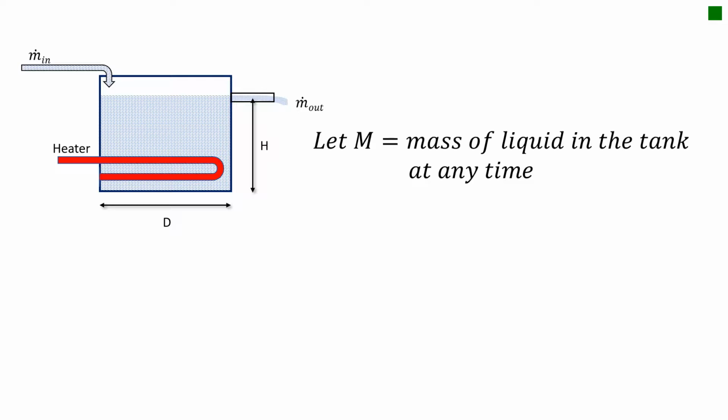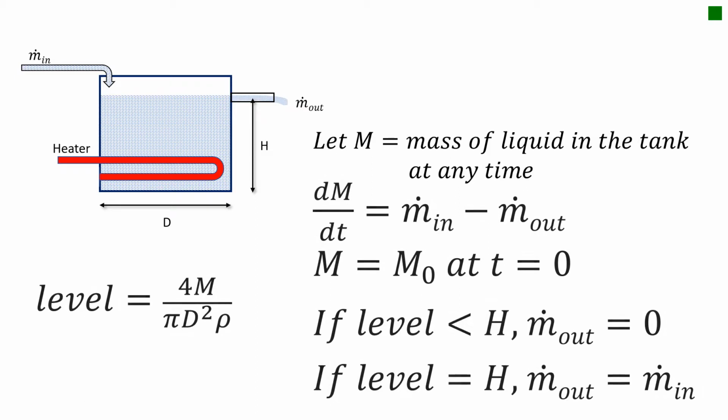Let's write a differential mass balance. The differential mass balance is the change in mass with respect to time of the liquid inside my tank, and that will equal the mass flow rate in minus the mass flow rate out.